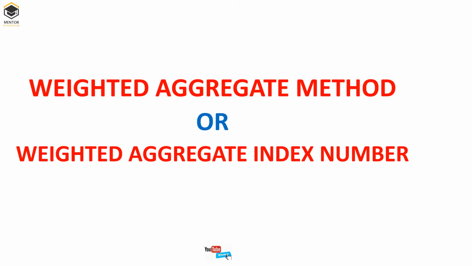At the end I will be giving you a simple tip to remember all the different 7 index numbers under weighted aggregate method. So please stay tuned till the end.